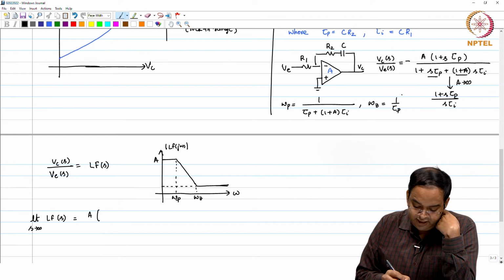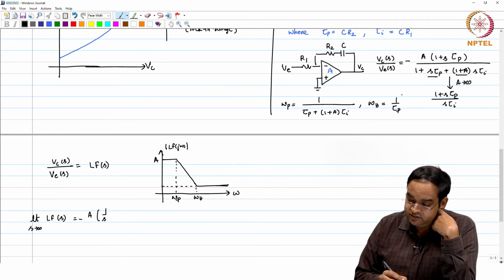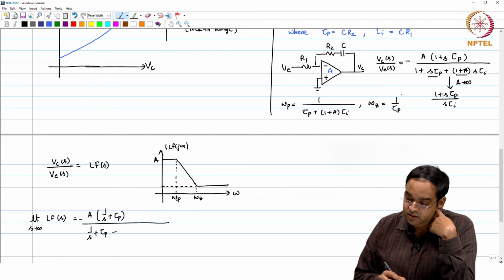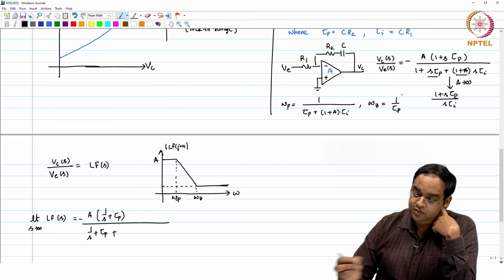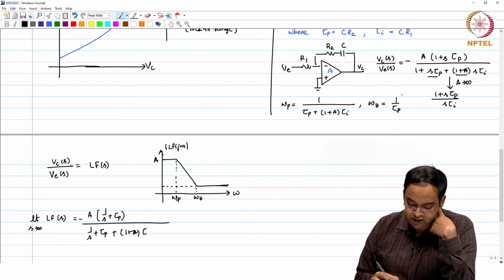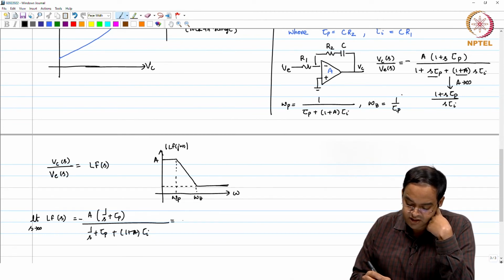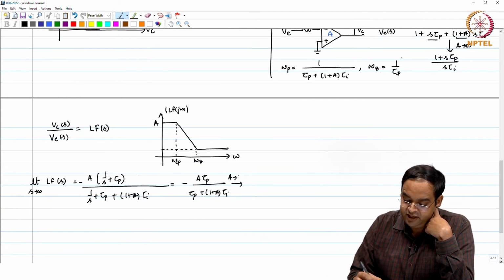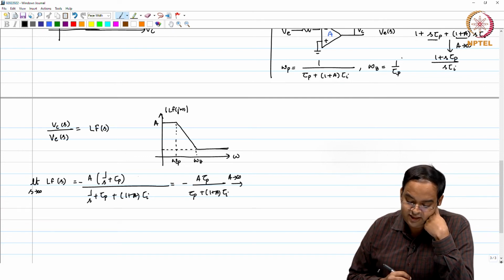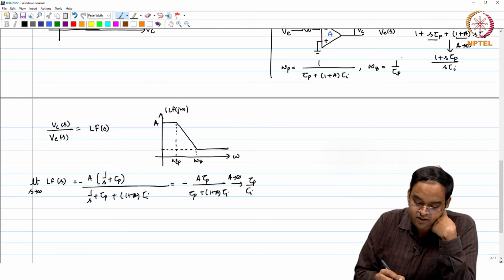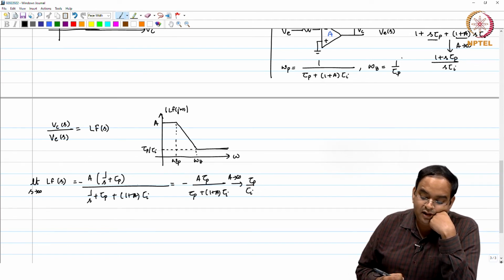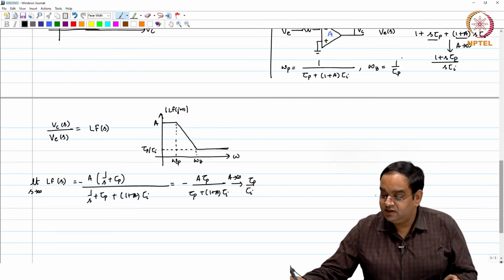Well, you can very well write it like this: minus 1 plus tau p divided by 1 by s plus tau p, plus 1 plus A times tau I. So, this happens to be minus A times tau p divided by tau p plus 1 plus A times tau I, and under the fact that A tends to infinity, this is nothing but tau p by tau I. So, this is what I have here approximately, if A is assumed to be very large, because for an amplifier A is in general pretty large.